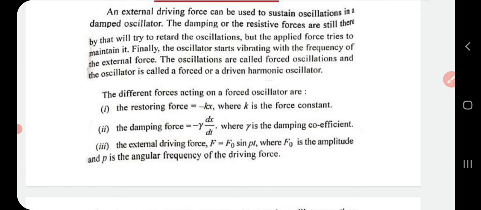In the case of a forced oscillator, one more term comes: the external driving force, F equal to F0 sin pt, where F0 is the amplitude and p is the angular frequency of the driving force. In the damped oscillator there were only the first two terms, but in the forced oscillator you have a third term also, the external driving force.